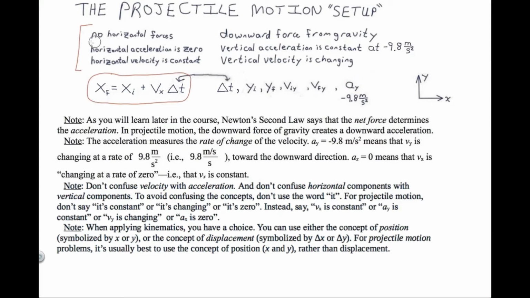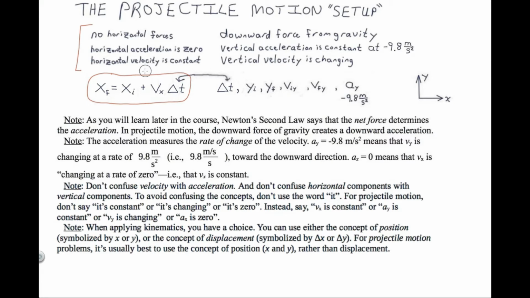In projectile motion, there are no horizontal forces on the object. So, the object's horizontal acceleration is 0. So, the horizontal velocity is constant.